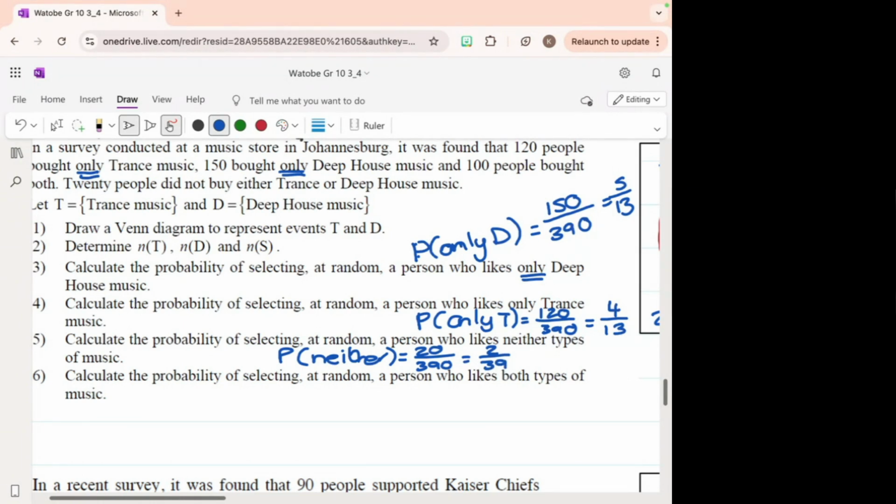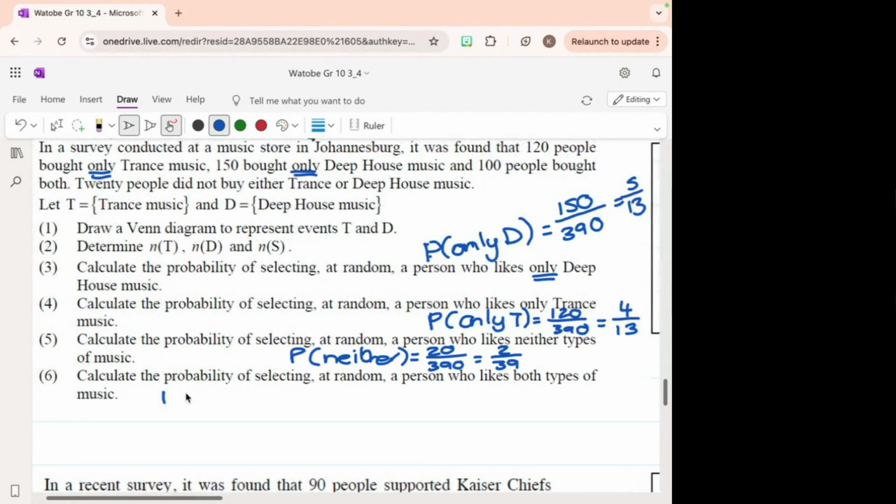And finally, calculate the probability of selecting at random a person who likes both types of music. Both types of music was 100. So, let me write it out nicely for you.